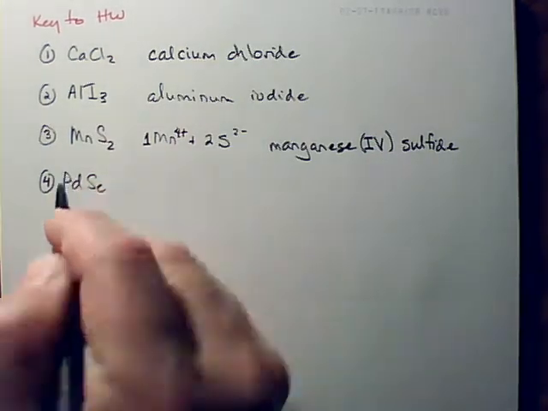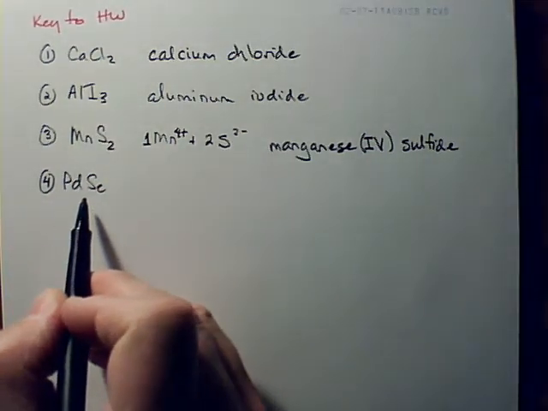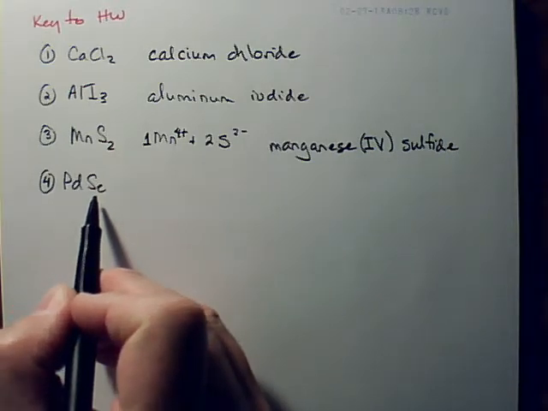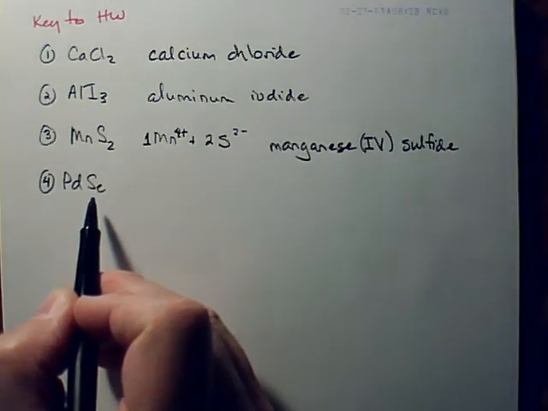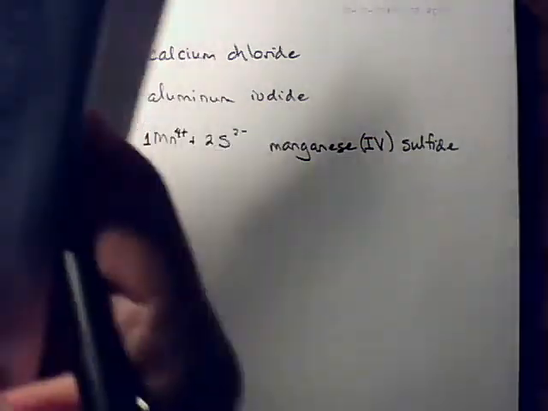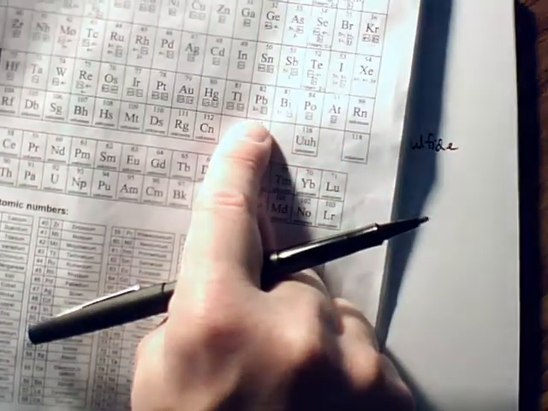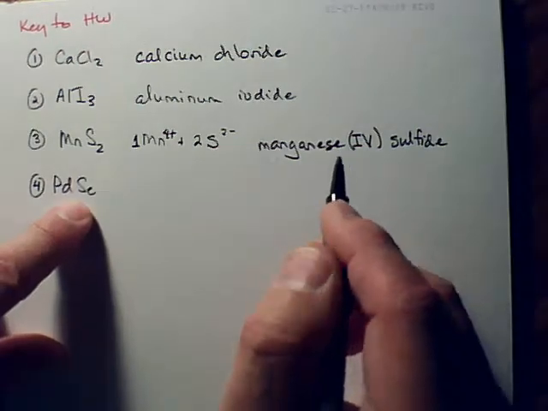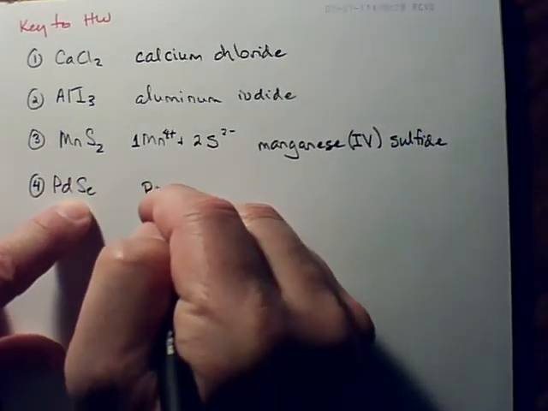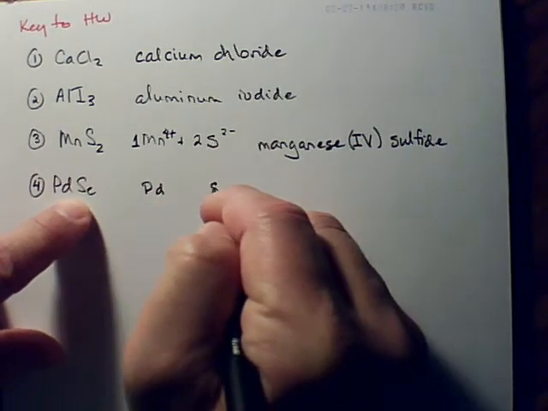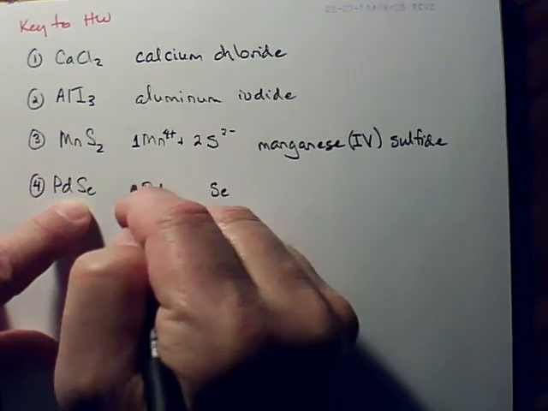Okay? All right. Now we're going to put together lead and selenium. Well, lead has 2 different oxidation numbers. It has a 4+ and a 2+ charge. So we need to know what the charge is on the selenium. Put our lead down here and the selenium here. We've got 1 of each.